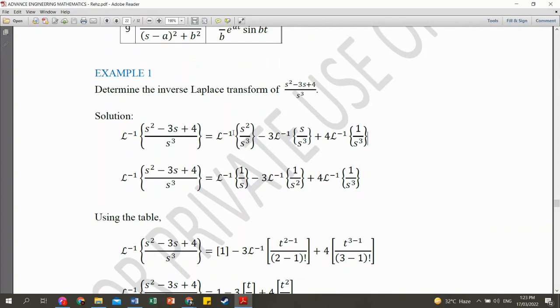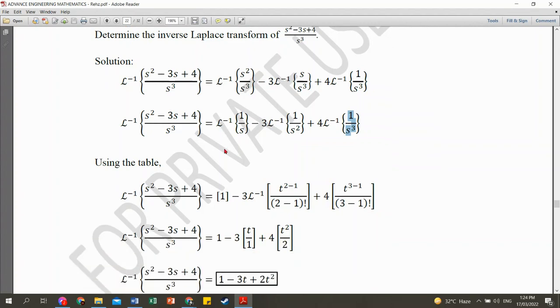So simplifying further, this s squared over s cubed will now be equal to 1 over s. And this s over s cubed will now be equal to 1 over s squared. And 1 over s cubed remains the same.